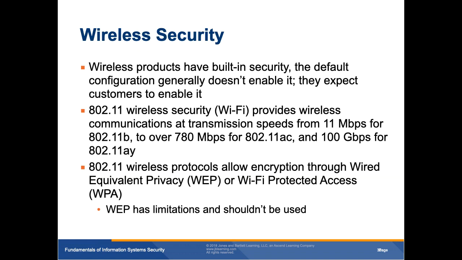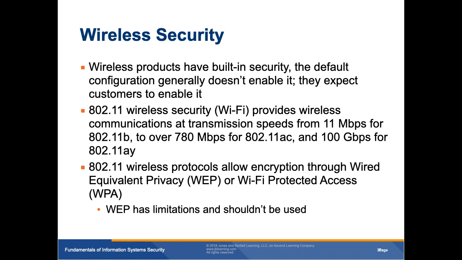Wireless security. Wireless products have built-in security, and the default configuration generally does not enable it. They expect customers to enable it. 802.11 provides wireless communications and transmission speeds of 11 megabits, and then it goes up to 100 gigabits for 802.11ay.